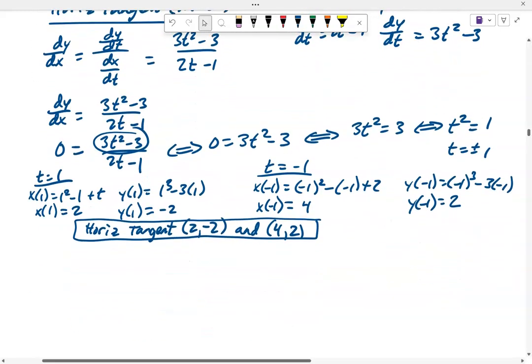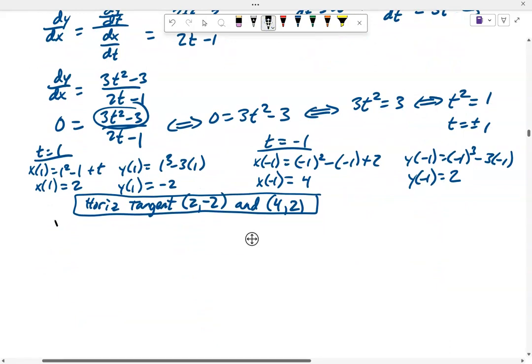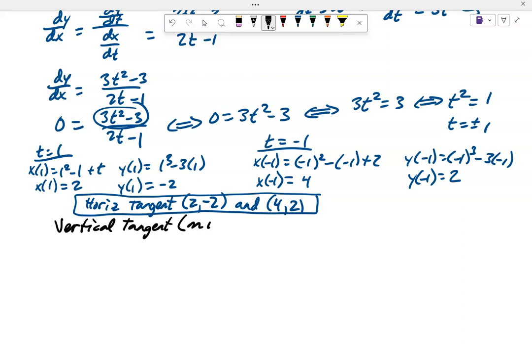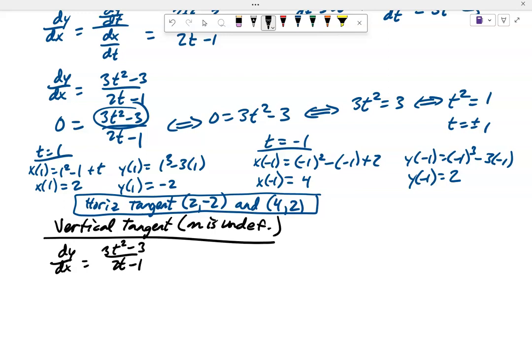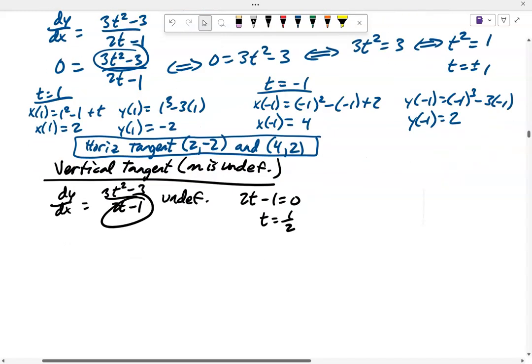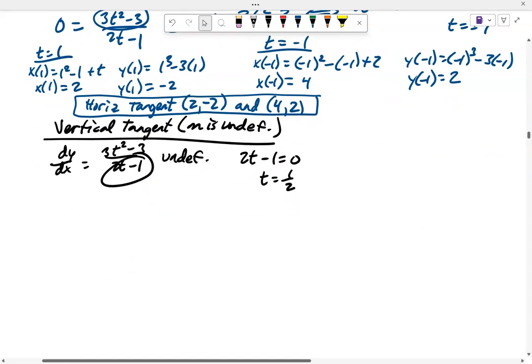Now let's address the vertical tangent. A vertical line has a slope that is undefined. All right, so we had dy/dx, which was (3t squared minus 3) over (2t minus 1). This has got to be undefined. That means the denominator's got to be 0, right? I can't divide by 0. So the question is, where does 2t minus 1 equal 0? Well, that'd be when t is a half. And so we just got to throw in t being a half.